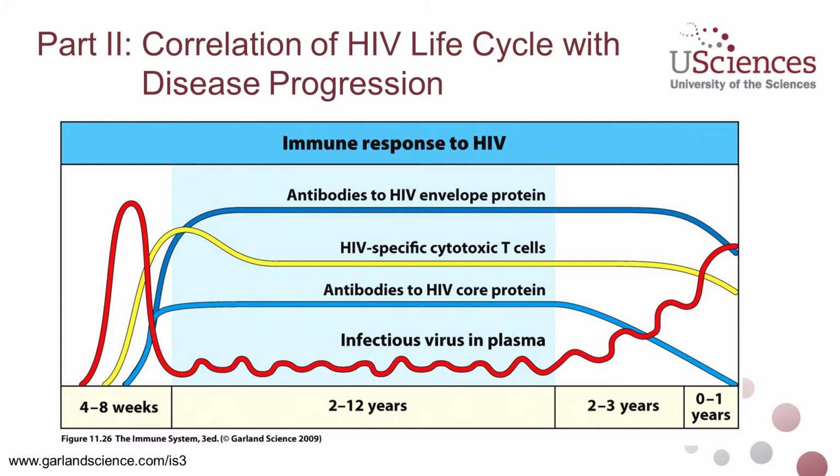And remember, the reason for that is that they do require T cell help. And so as your CD4 T lymphs are depleted, so too you start to have a harder time making antibody, and your CD8 T lymphs also start to wane.